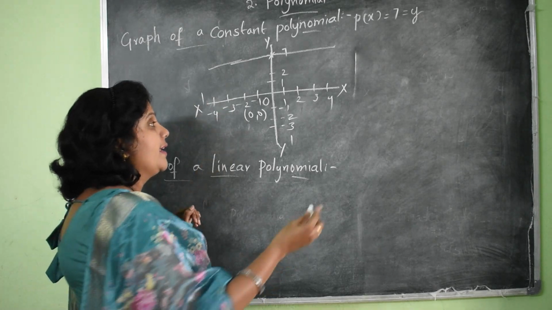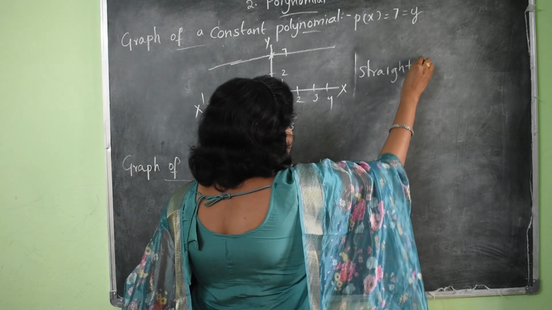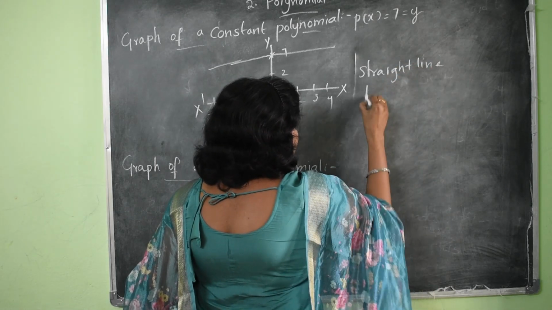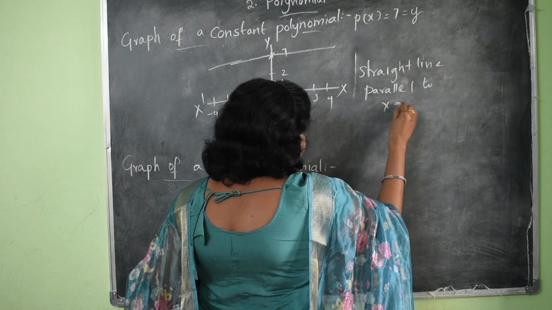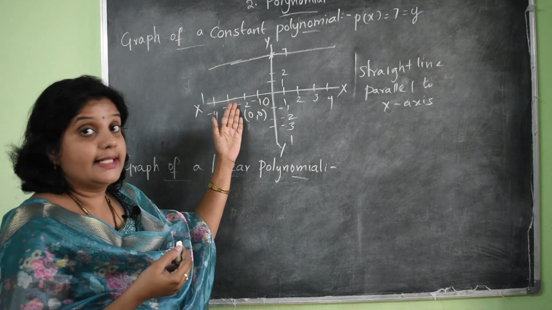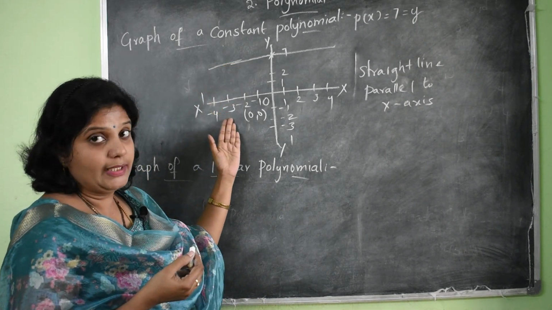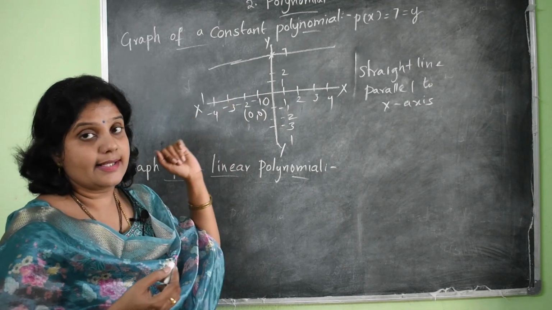What is this? A straight line parallel to the x-axis. So the graph we have got here is a straight line that is parallel to the x-axis.